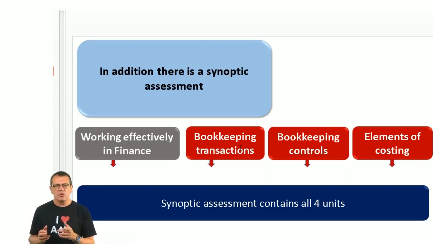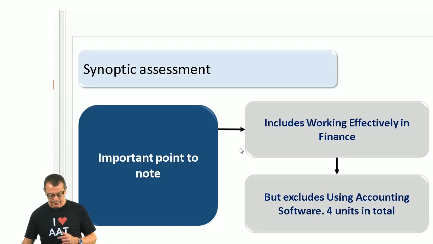Various bits of items on costing and stock valuation. Keep it until the end, and hopefully, and this is hopefully, the accounting software will be plain sailing. You will fly through that because of what you know already, and you will sit back and really enjoy that unit, as you will the rest of the course. So that is how it's examined.